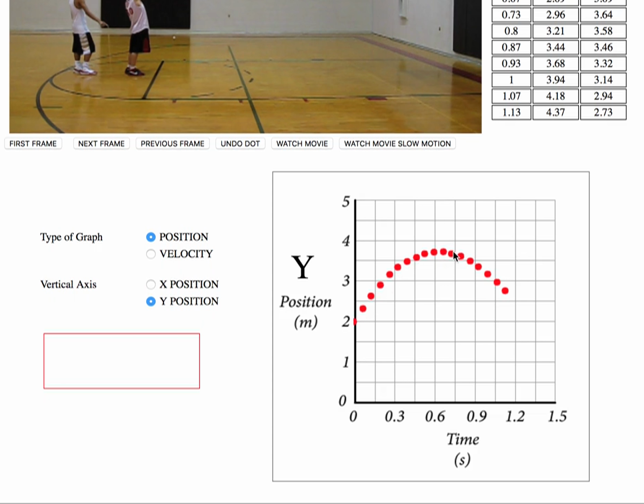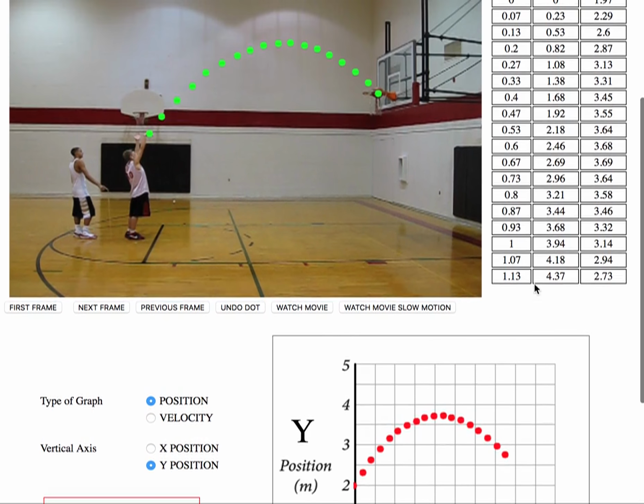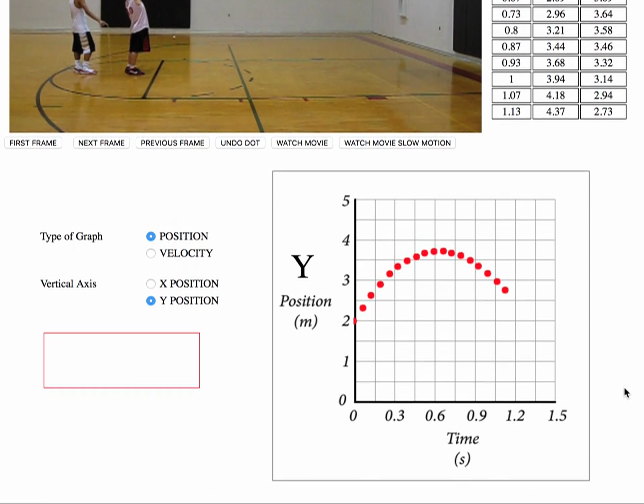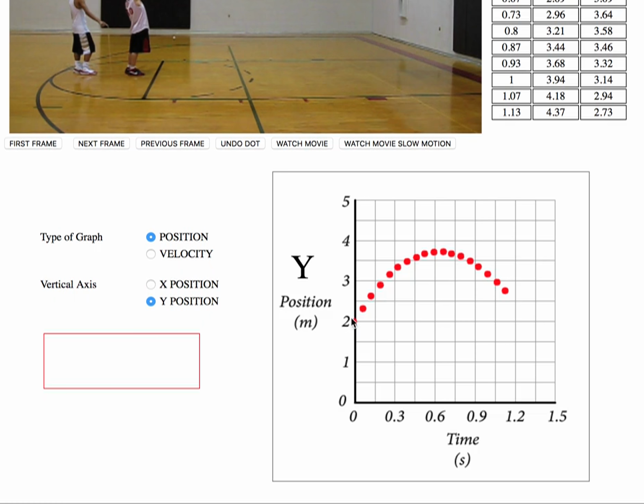Notice the Y position graph looks very similar to the motion map. This will not always be true, but in this particular example, they do form a very similar shape. Because this graph is curved, I know that there must be acceleration. Remember that acceleration is what makes a position graph bend.